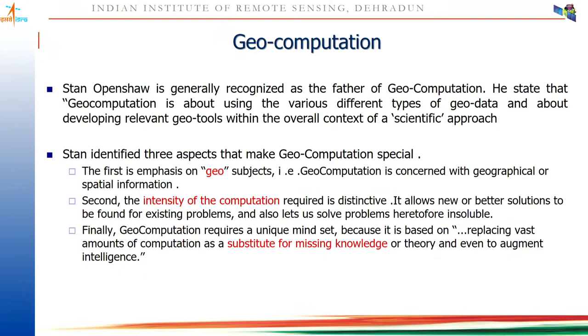It allows new or better solutions to be found for existing problems, and also lets us solve problems heretofore insoluble. And finally, geocomputation requires a unique mindset, because it is based on replacing vast amounts of computation as a substitute for missing knowledge or theory, and even to augment intelligence.